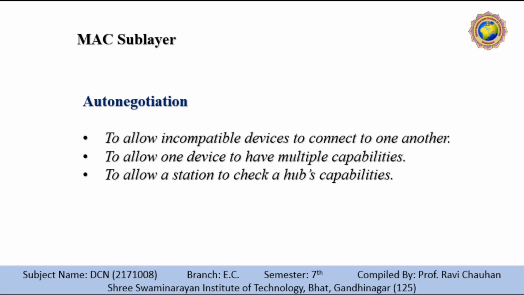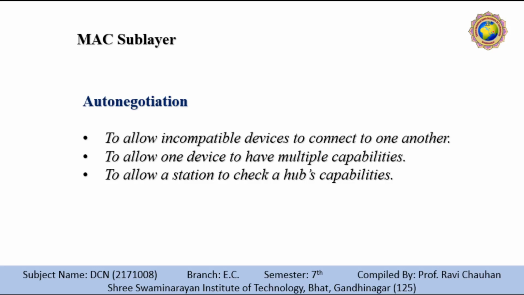So over here, auto negotiation comes into the picture. A new feature added in Fast Ethernet is called auto negotiation. It allows a station or a hub a range of capabilities. Auto negotiation allows two devices to negotiate the mode or the data rate of operation. It was designed particularly for the following purposes.